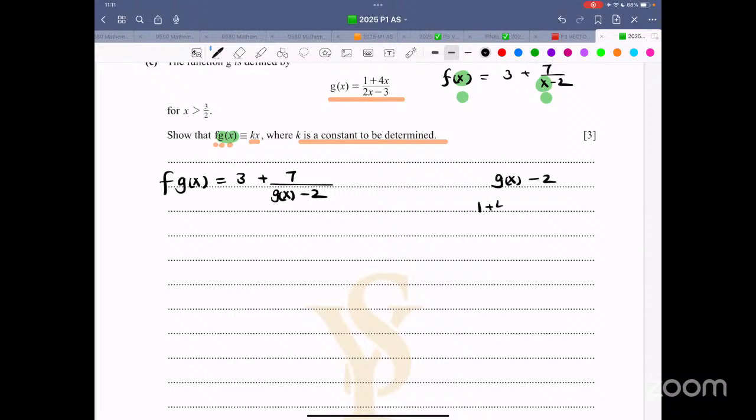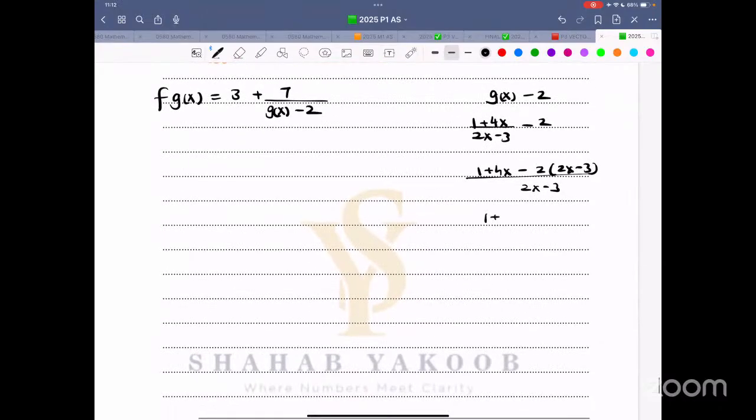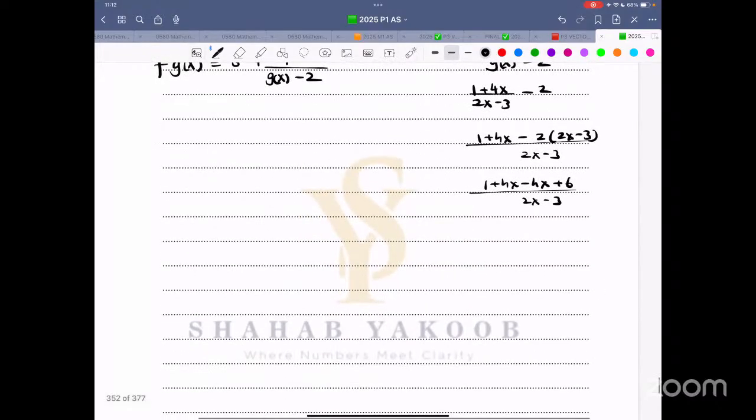So this is (1 plus 4x) over (2x minus 3), minus 2. That is (1 plus 4x minus 2 times (2x minus 3)) divided by (2x minus 3). So this is (1 plus 4x minus 4x plus 6) over (2x minus 3). So 4x will cancel out. This is 7 over 2x minus 3.